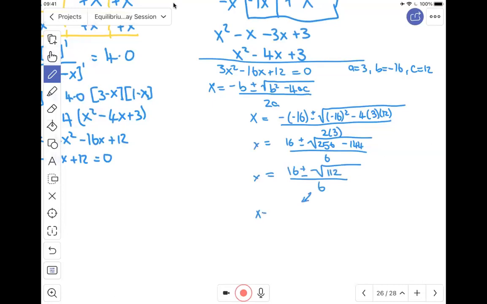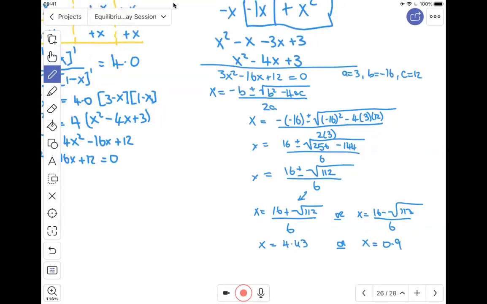So x could be equal to 16 plus the square root of 112 over 6, or x could be equal to 16 minus the square root of 112 over 6. When you put those into the calculator, you get that x is equal to 4.43, or x is equal to 0.9.